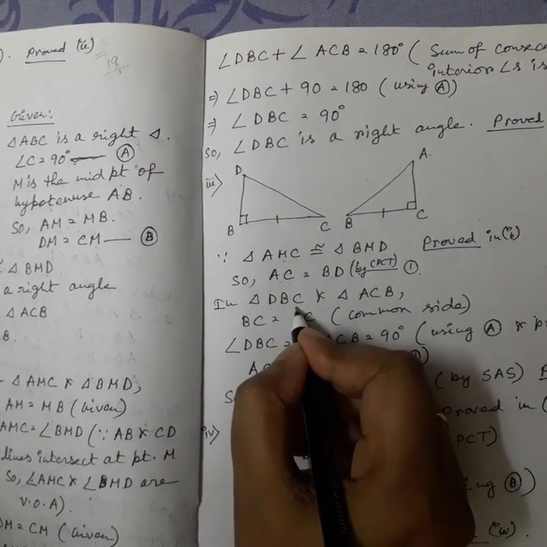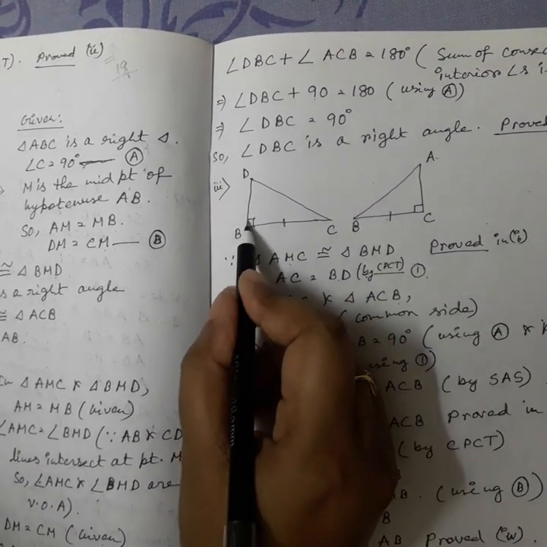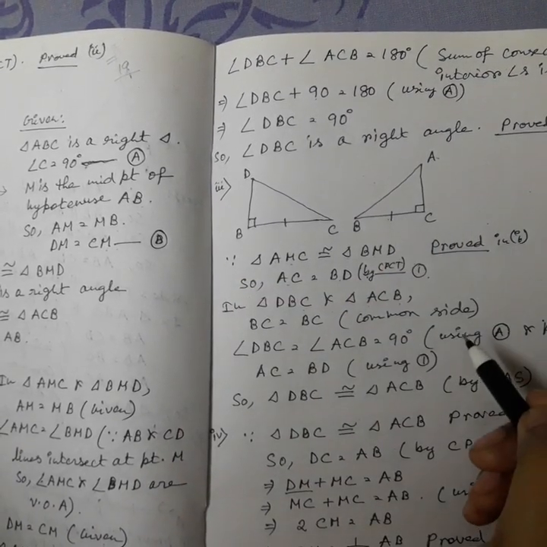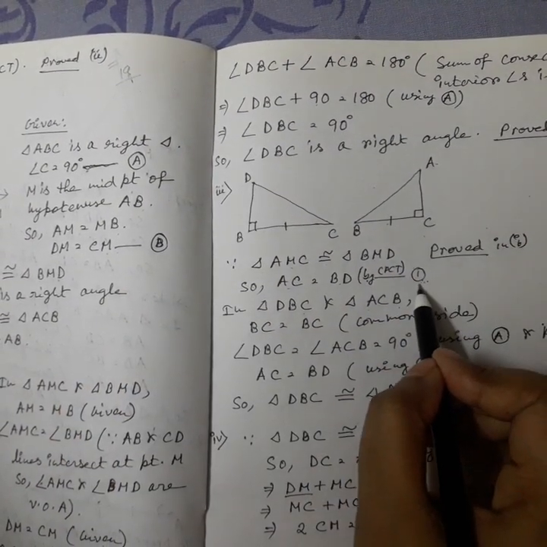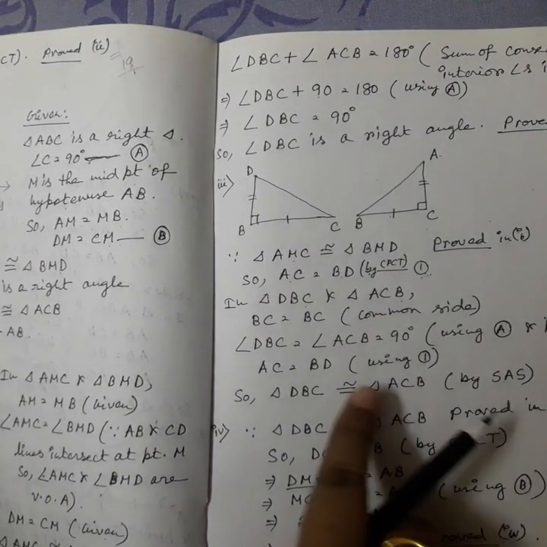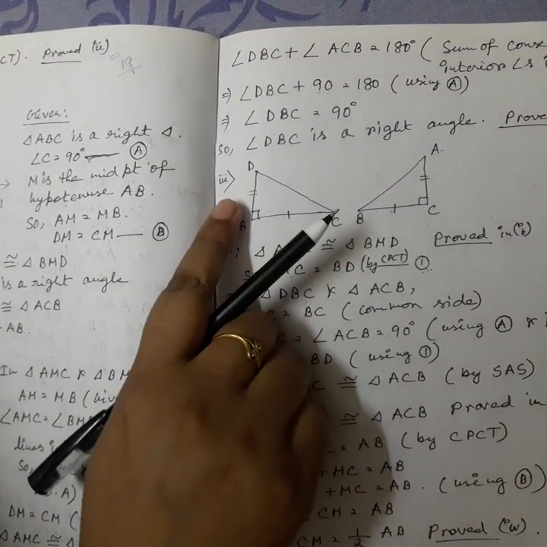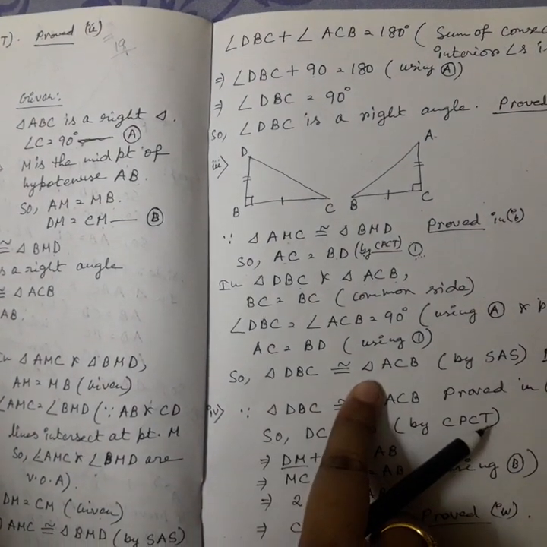Now we take triangle DBC and triangle ACB. BC equals BC, common. Angle B and angle C are 90 degrees, we know, and AC equals BD using 1. So which property is coming? Side angle side. So by SAS, these two triangles are congruent.